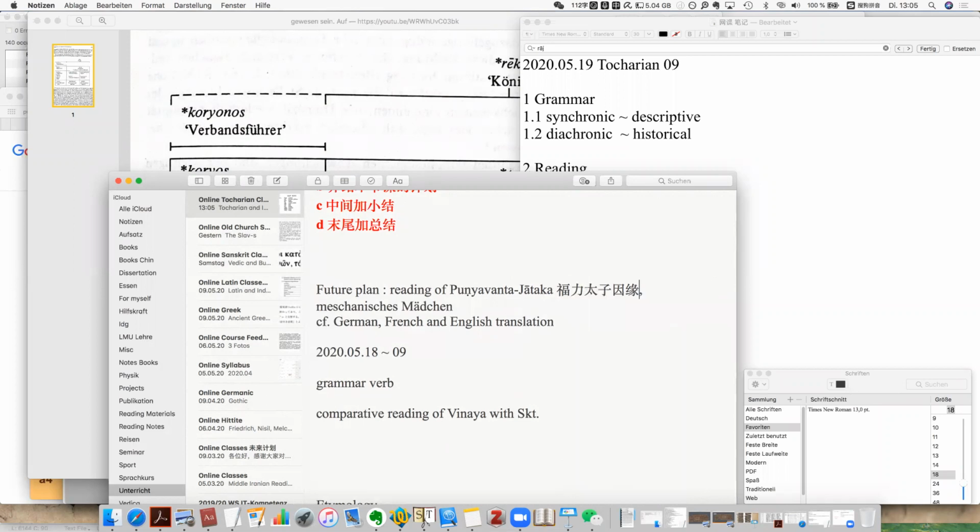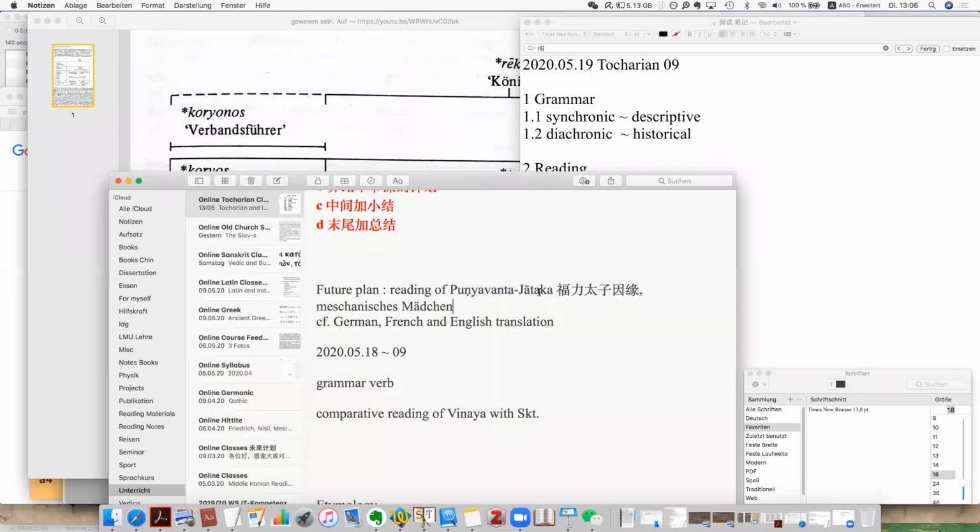This is a very important and famous piece. As Ji Xianlin was studying Tocharian in Göttingen, his teachers used these fragments as the reading material.